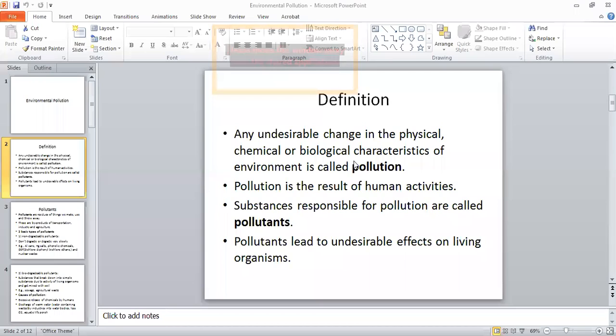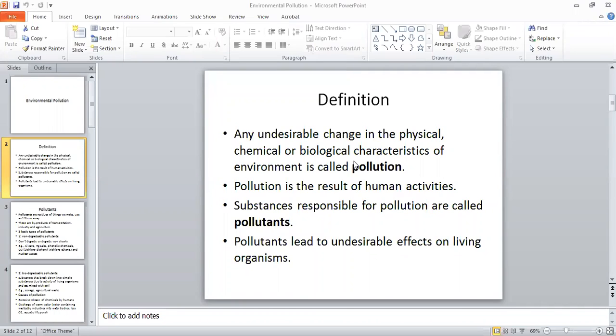And those substances which are added to the environment and which are not suitable for it, which destroy the environment, are called pollutants. So the substances which are responsible for pollution are called pollutants.